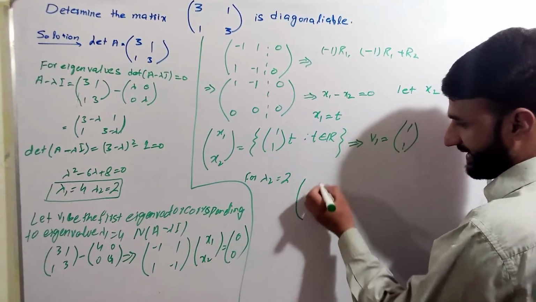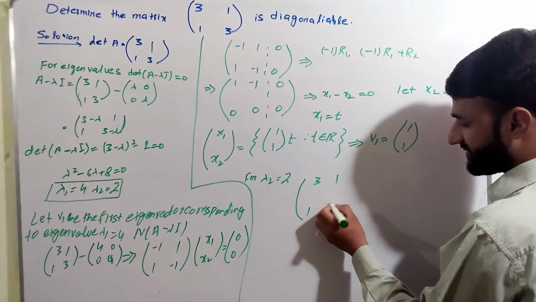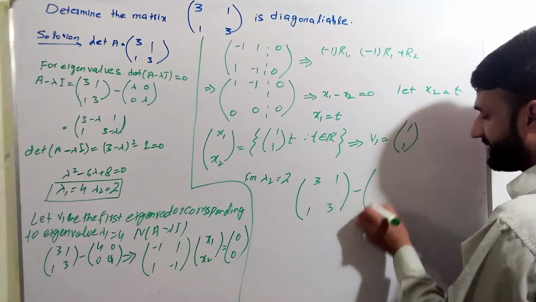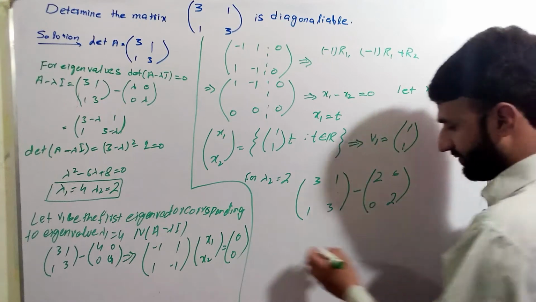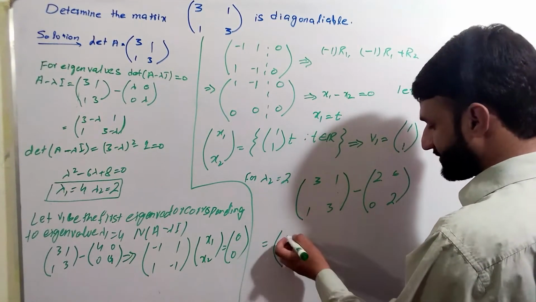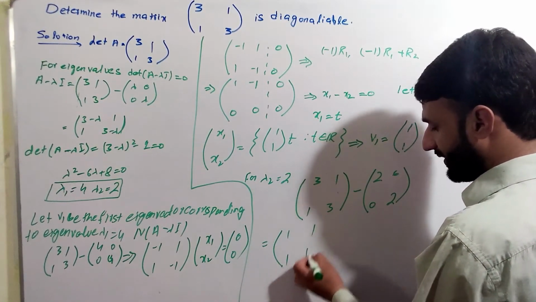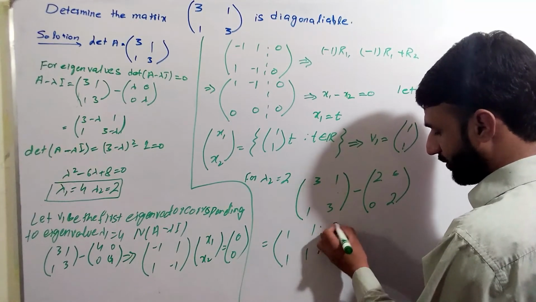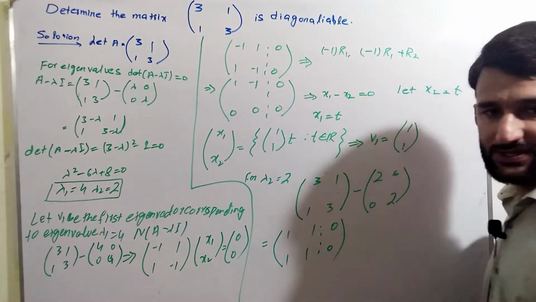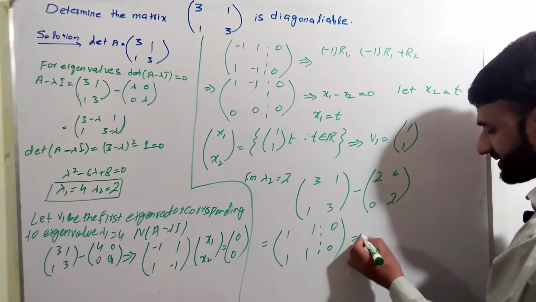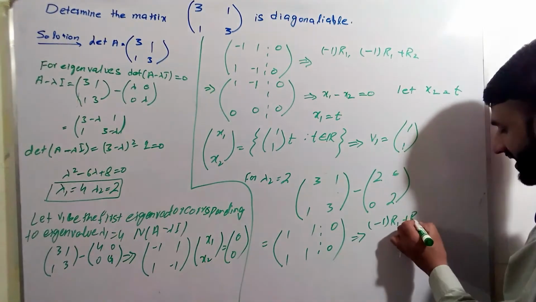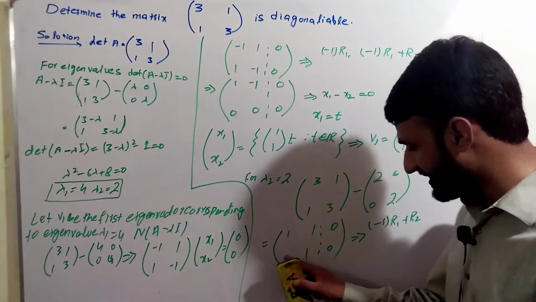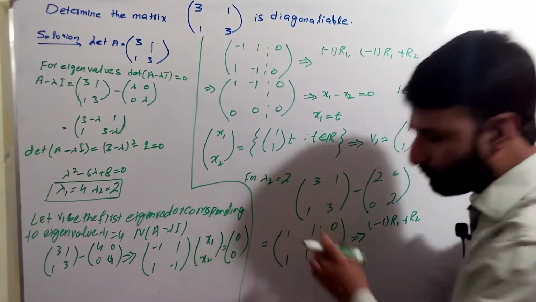We write [3, 1; 1, 3] minus [2, 0; 0, 2], so we obtain [1, 1; 1, 1]. In augmented form, if you multiply the first row by minus 1 and add it to R2, you notice that the two rows are the same.